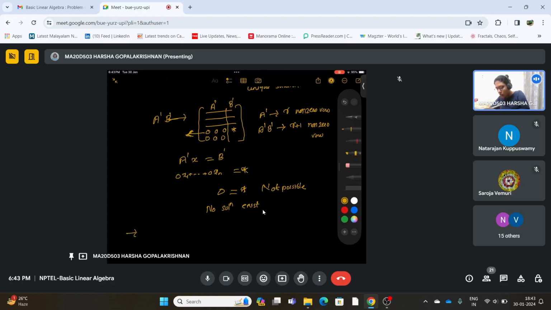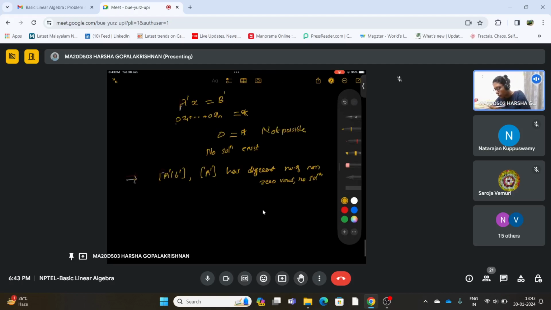So what we have seen is that if A dash B dash and A dash have a different number of non-zero rows in the row reduced form, then there is no solution.